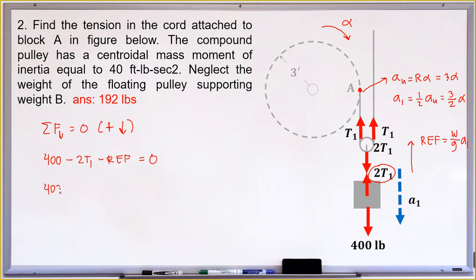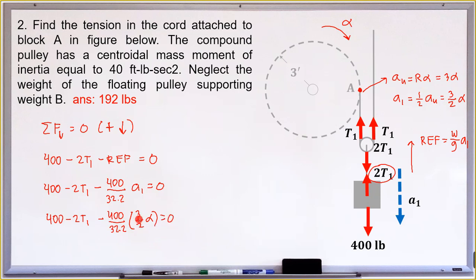So we have 400 minus 2T1 minus 400, the weight over g, which is 32.2, times the acceleration A1, equal to 0. But we already solved for acceleration A1, that is 3 halves alpha. So therefore, 400 minus 2T1 minus 400 over 32.2 times 3 halves alpha is equal to 0.